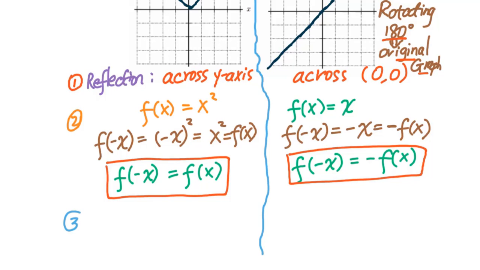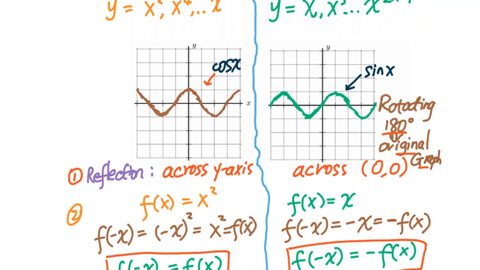And then for the third one, let's explore the graph of cosine x. We could say the graph of cosine x is reflected across the y-axis, so cosine x is an even function.